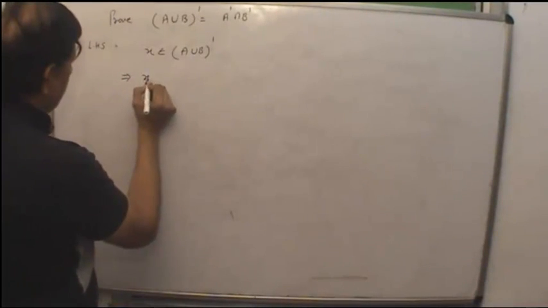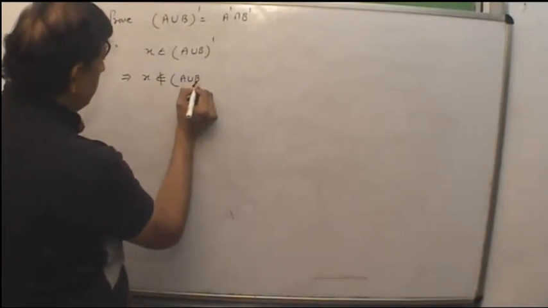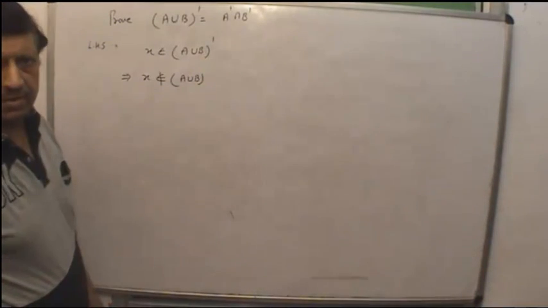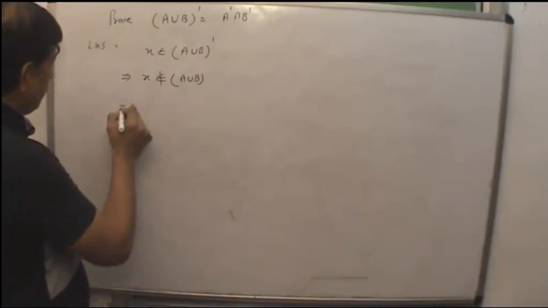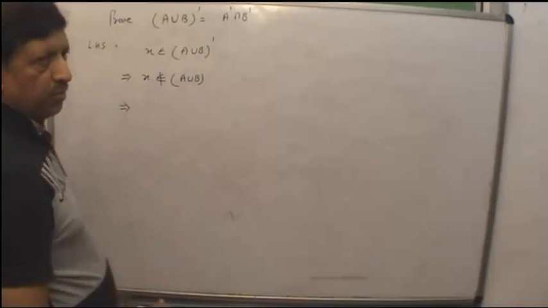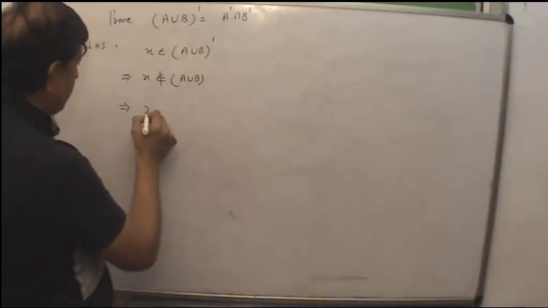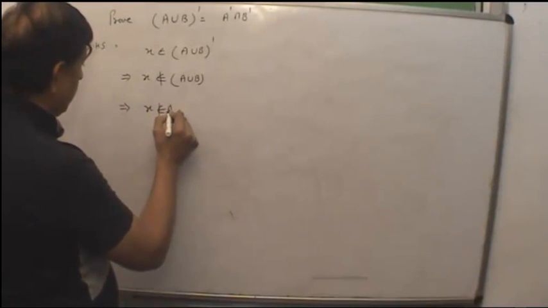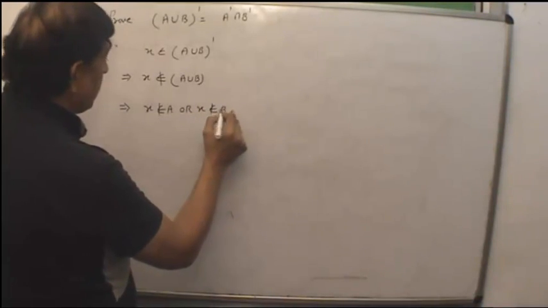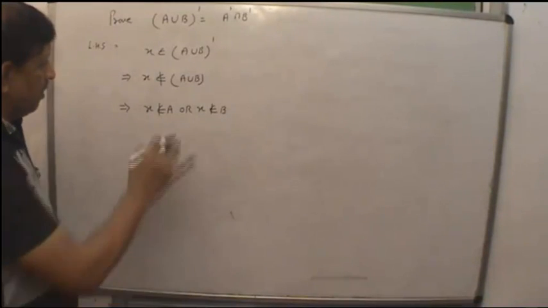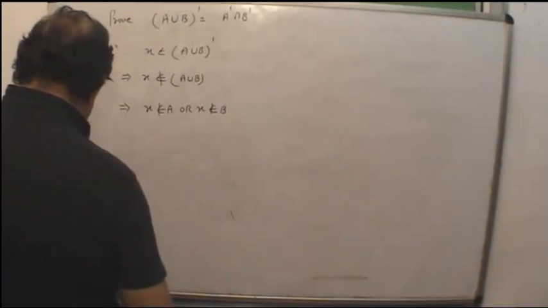This implies X does not belong to A union B. Complement means yes converts into no, no converts into yes. This implies union, which in general language we say or. It means X does not belong to A or X does not belong to B. We are expanding the result every step by using the basic rules.